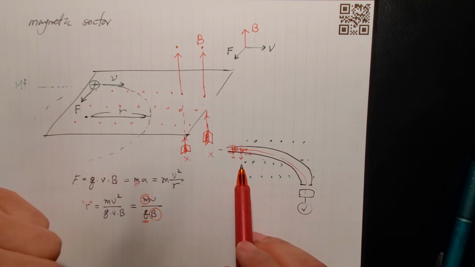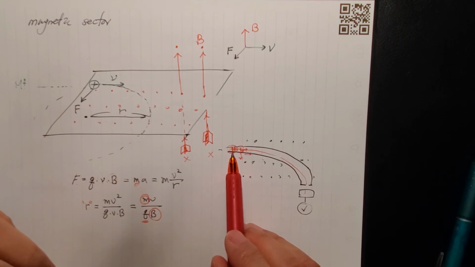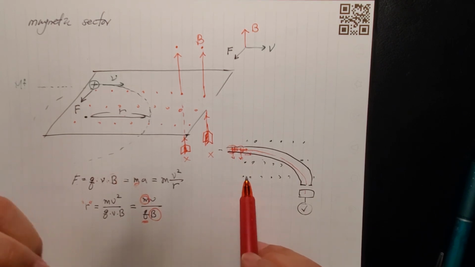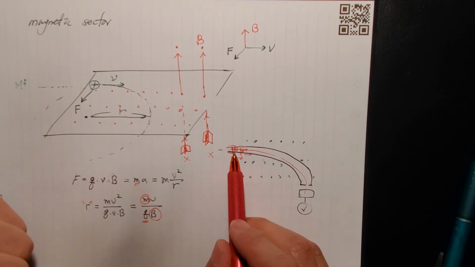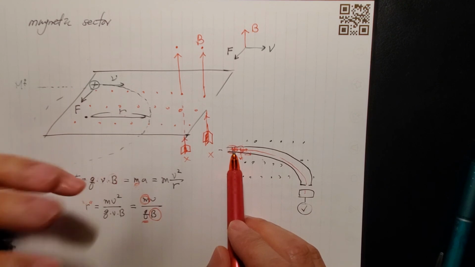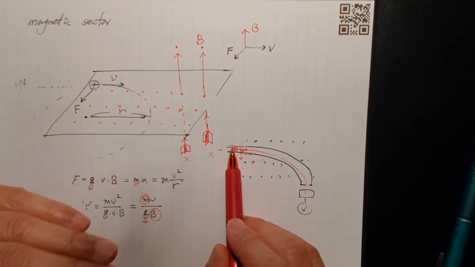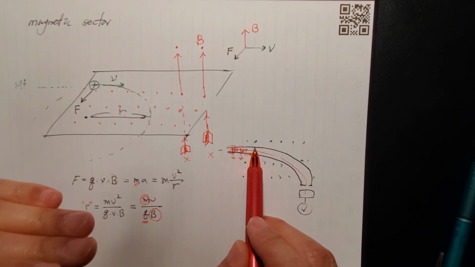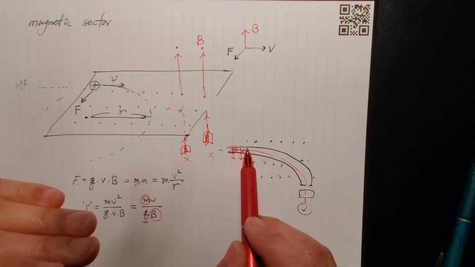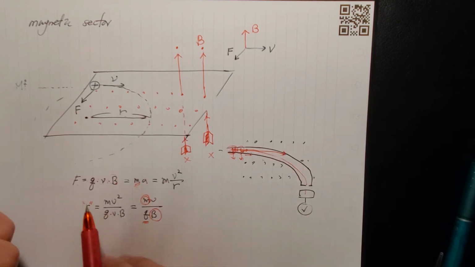Then when you want to detect a lighter one than the heavier one you just detected, the machine is going to reduce the magnetic field. Then what happens is, say some heavy ones are still there, then the heavy one will have less influence from the weakened magnetic field, so it is going to make less curve, so it doesn't make this much curve. It is going to run into somewhere here and disappear from the gas phase.